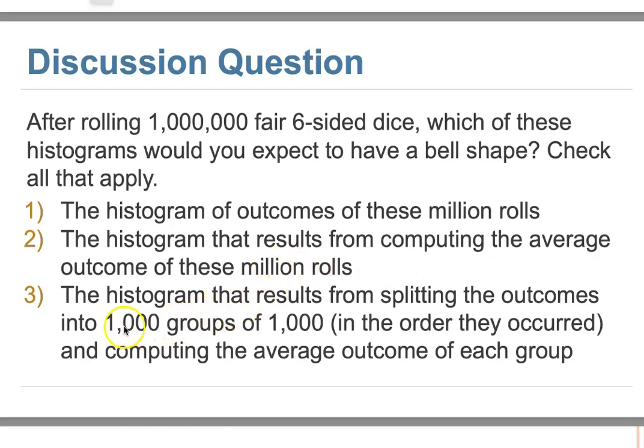Okay. Then the third, the histogram that results from splitting the outcome into 1,000 groups, each with 1,000 outcomes. This one is like a sample size of 1,000, done without replacement, 1,000 times.